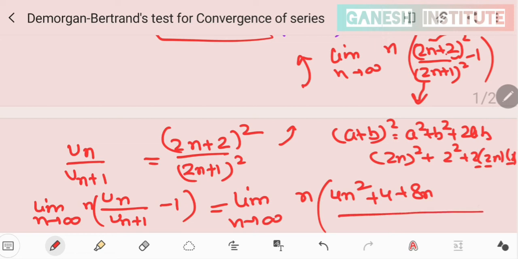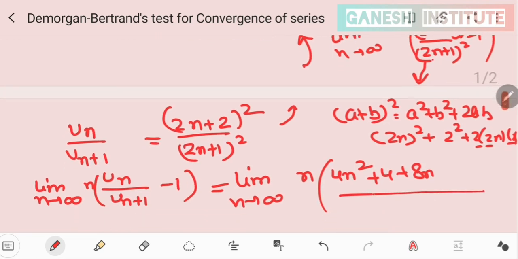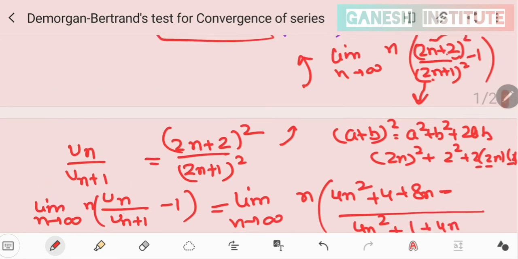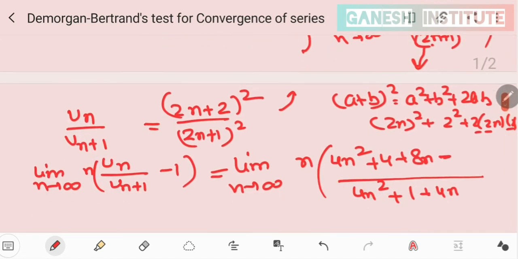In the denominator you have a plus b whole square, which is, of course, again 2n whole square, this means 4n square, plus b square, which is 1 square, 1, plus 2 times 2n and 1, that means 4n, minus 1, right? So that means this whole denominator will come here with opposite sign.